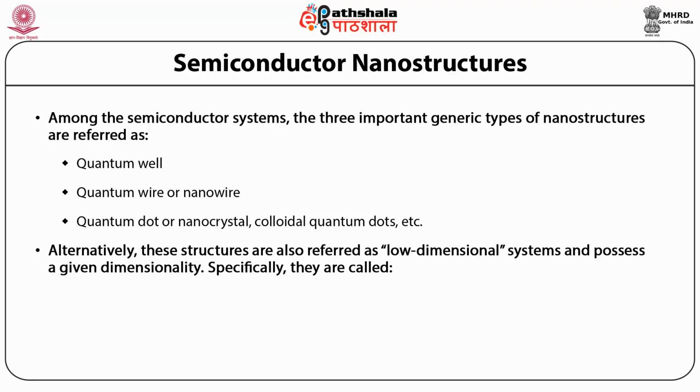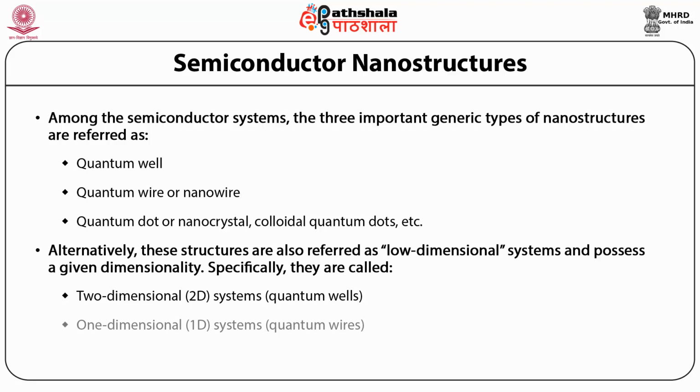Specifically, they are called two-dimensional 2D systems, quantum wells; one-dimensional 1D systems, quantum wires; zero-dimensional 0D systems, quantum dots, where the stated dimensionality reflects the degrees of freedom of carriers, that is, electrons and holes in the material.